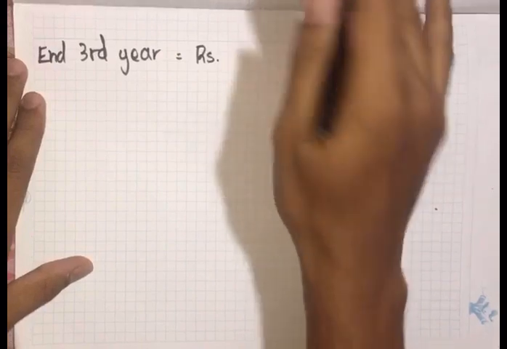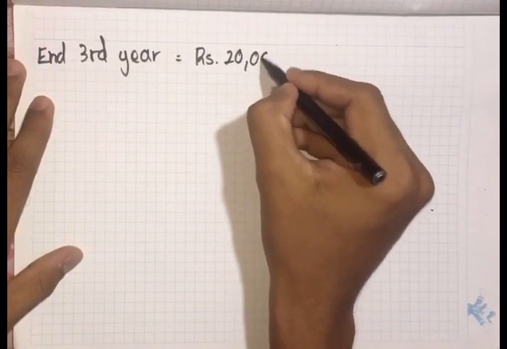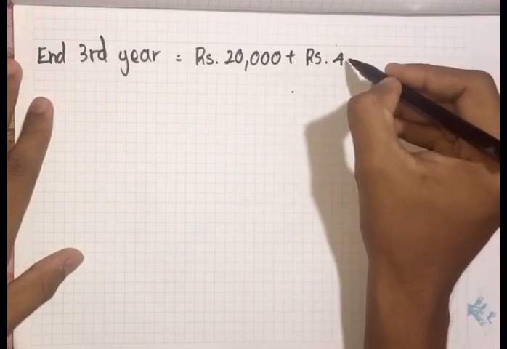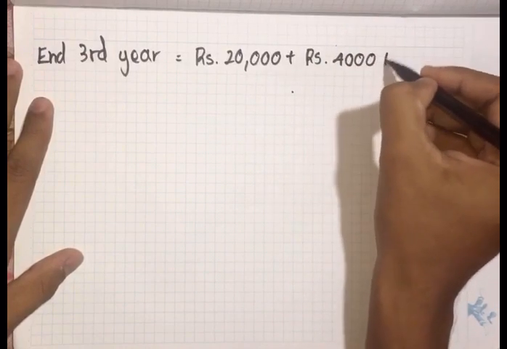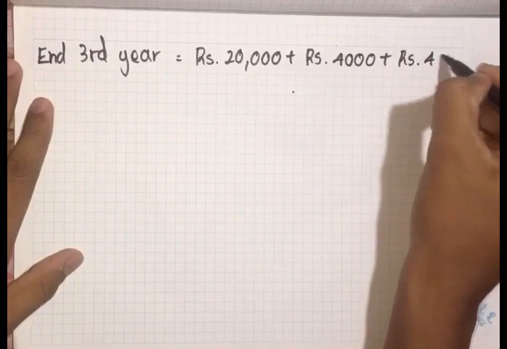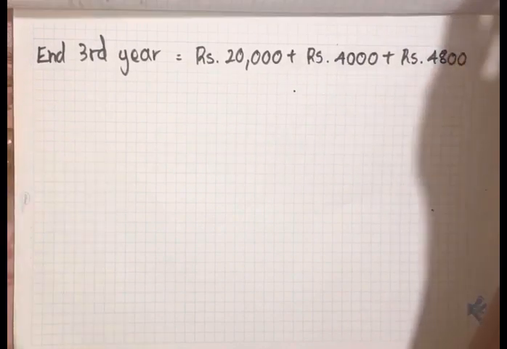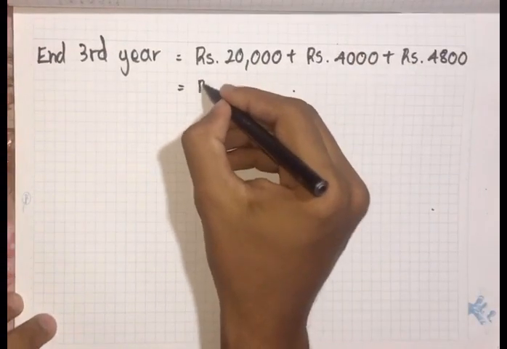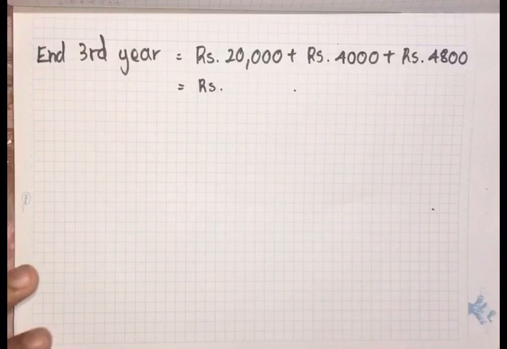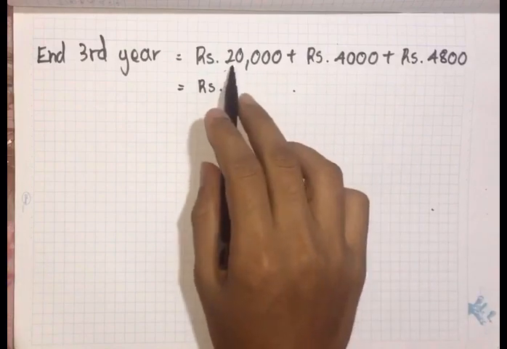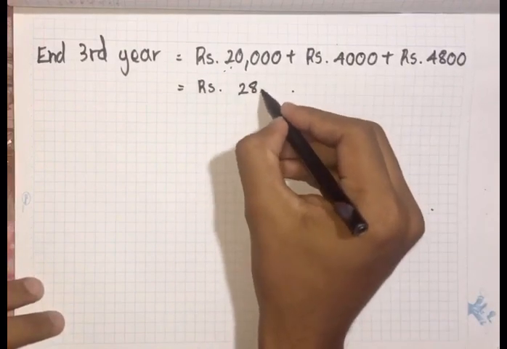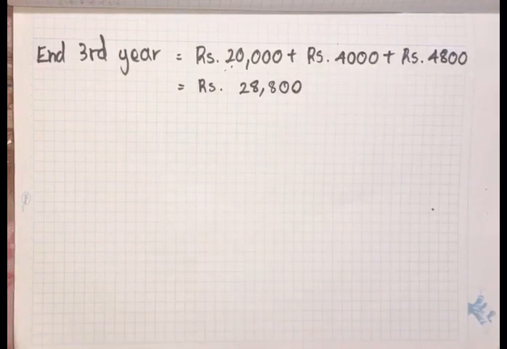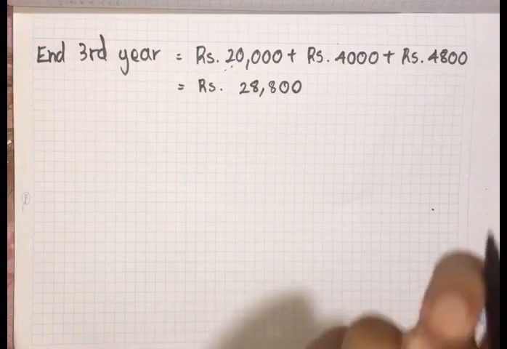At the start you deposited 20,000, plus during the first year you had an interest of 4,000, and during the second year you had an interest of 4,800, right? Yes. So now this is the total amount in the bank at the end of the third year. So you have 28,800.